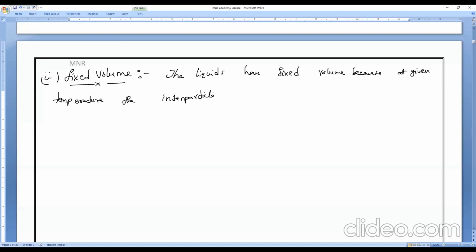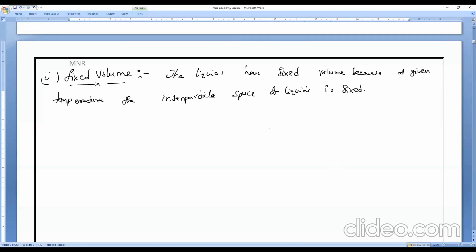Interparticle space at a given temperature remains constant. The interparticle space of liquids is fixed. Is it right or wrong, everybody? If the temperature increases, will space increase or not? Temperature increases, space will increase. So the volume may change.